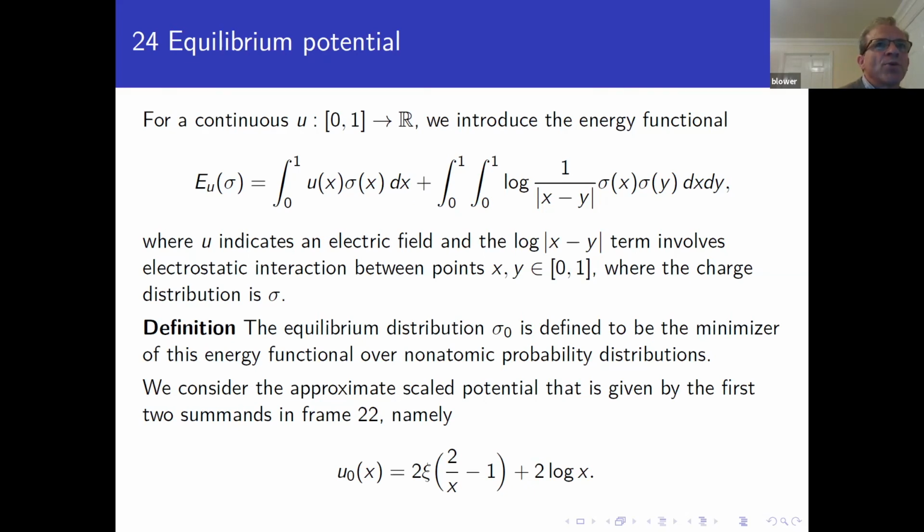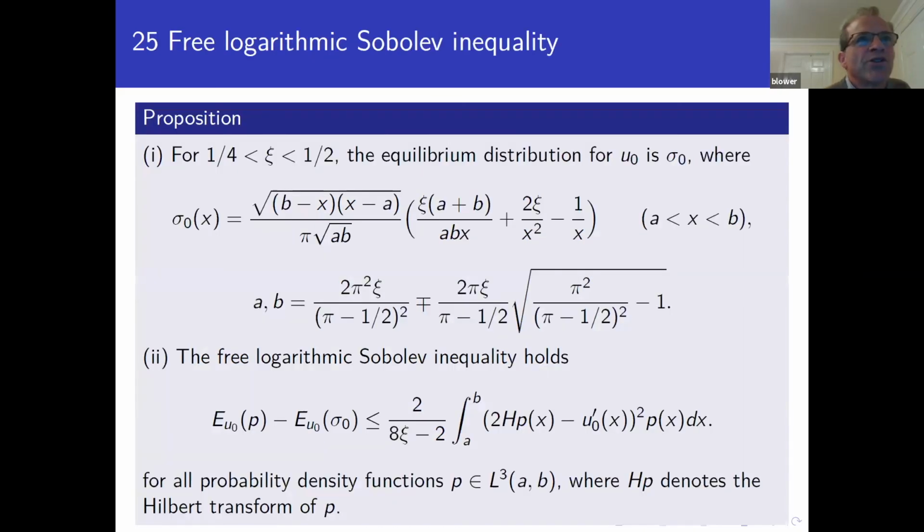What you do is you minimize the energy associated with an electric field, which is given by the potential, and a logarithmic interaction term given by points on the line. So we're going to make things a little bit simpler by scaling away some of the terms, and we're going to work with a potential which is 2 over x minus 1 multiplied by 2 psi, and then we've got the logarithmic interaction term, which is 2 log x. And for that, we get this sort of final result.